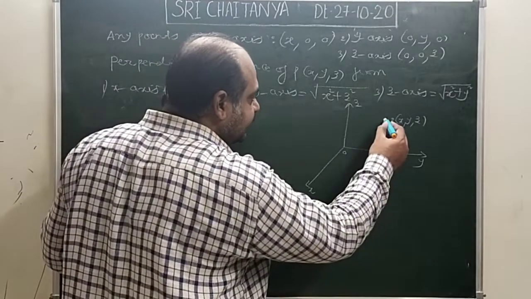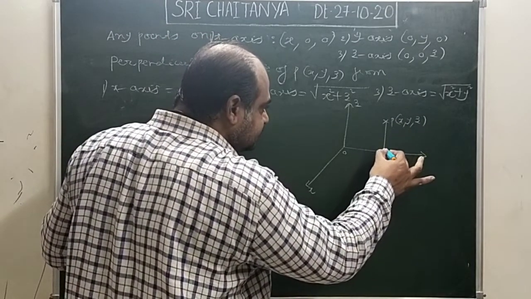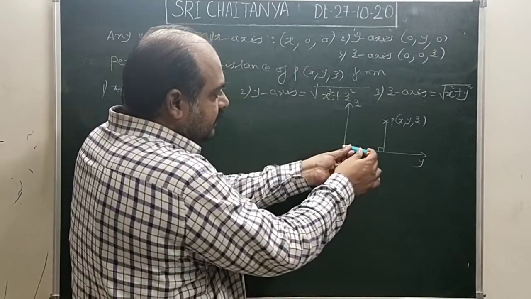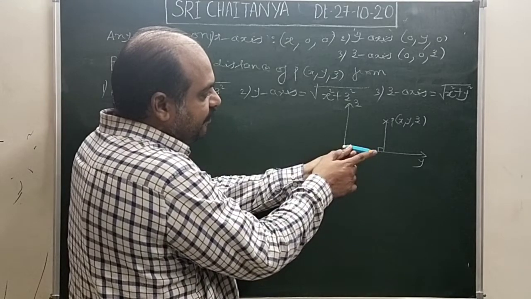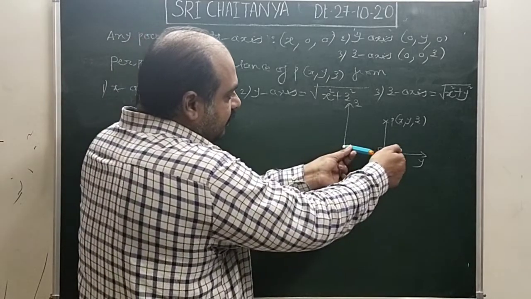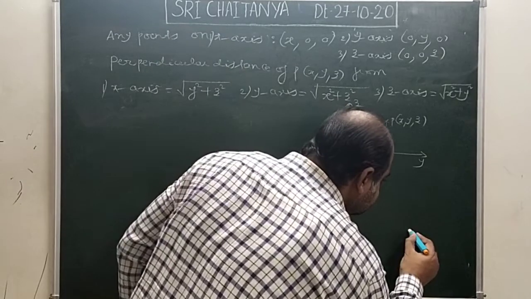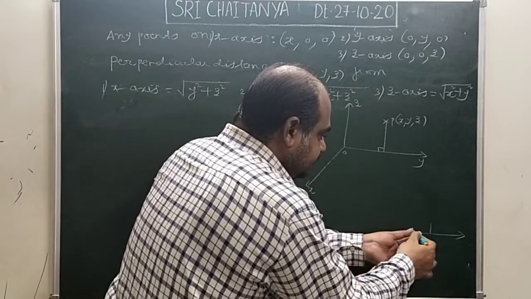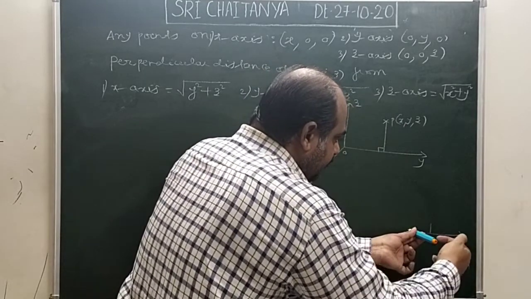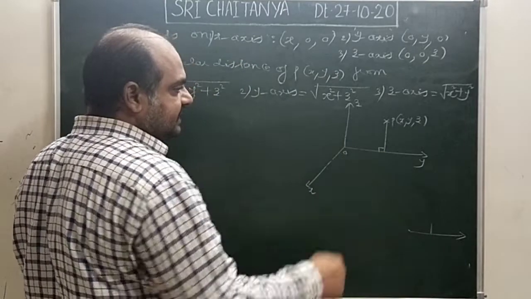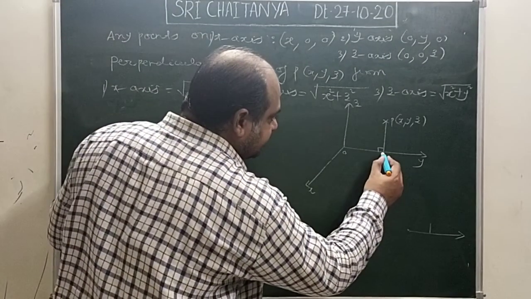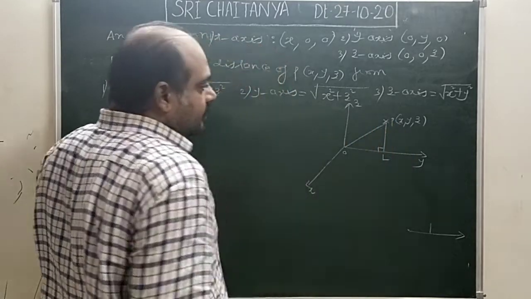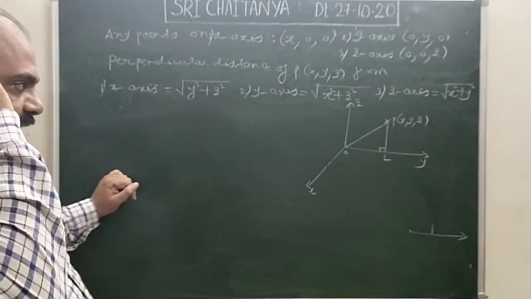Perpendicular distance, let us calculate from P to the y-axis. Here, OP bar will be like this. From P, I have dropped a perpendicular on the y-axis. I have represented it like this. Let us say PL. This you need to calculate.